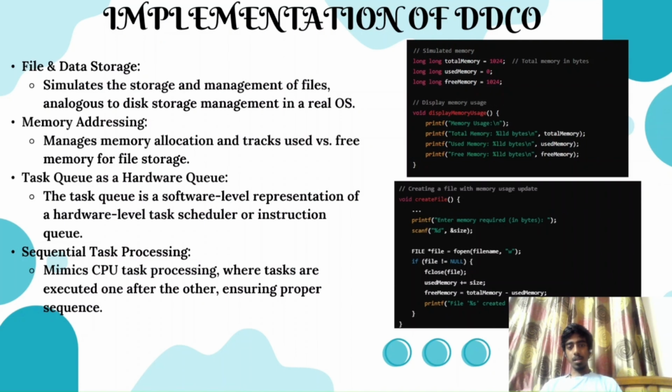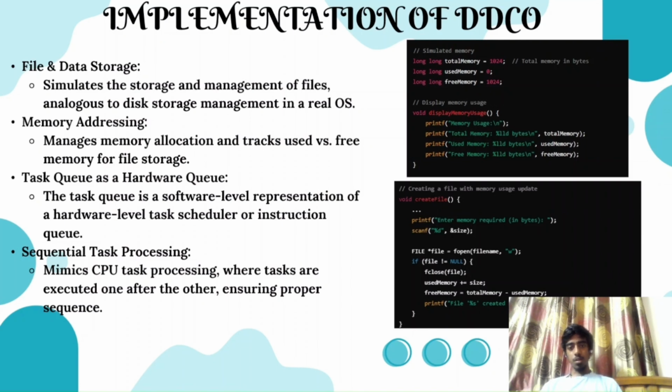Now we are creating another function, create file. This function is used to create a new file and update the simulated memory usage accordingly. Here the user enters the amount of memory required for the file in bytes. The user input for the required memory size is stored in the size variable. Next we try to open the file with the specified file name in read write mode. If the file pointer is returned successfully, fine, otherwise it returns null.